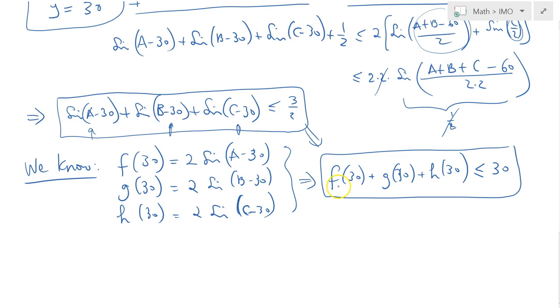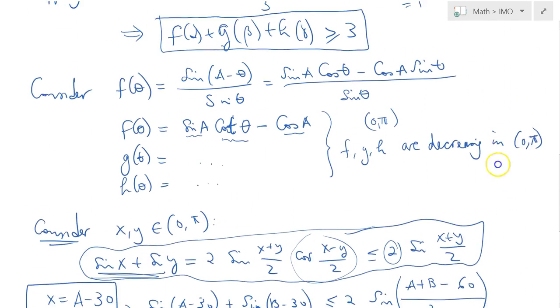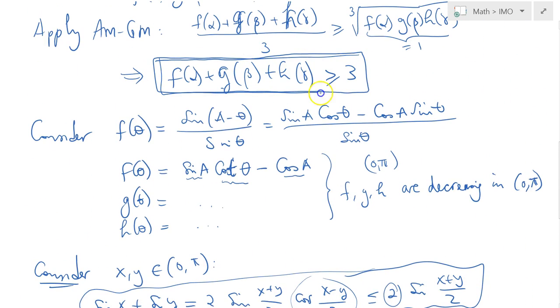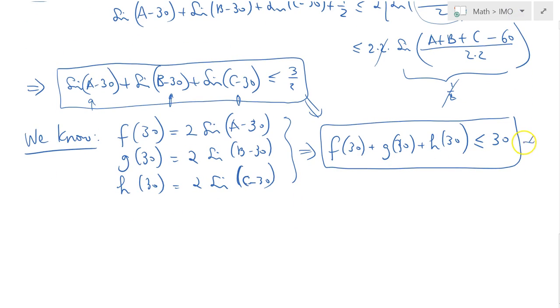Finally, combining this result with the one that we got earlier, let's call this the star expression, and this 2 star. We knew that f of alpha plus g of beta plus h of gamma is, oh shoot, this one was a 3 first of all, so sorry for that.